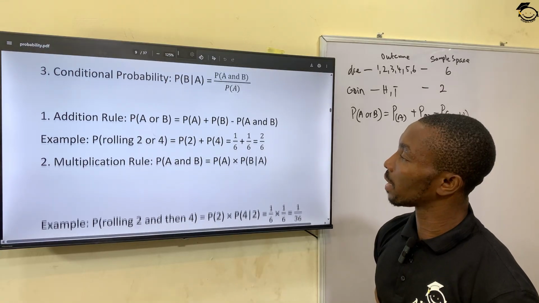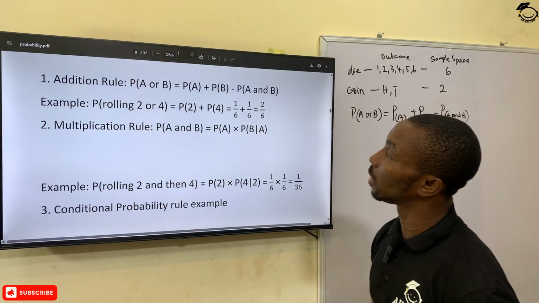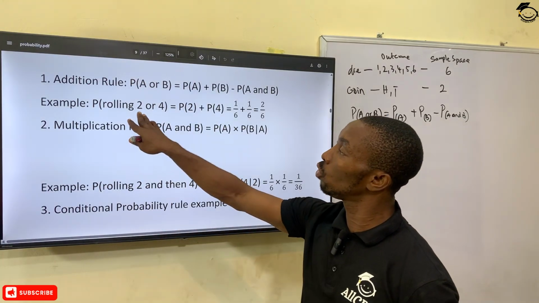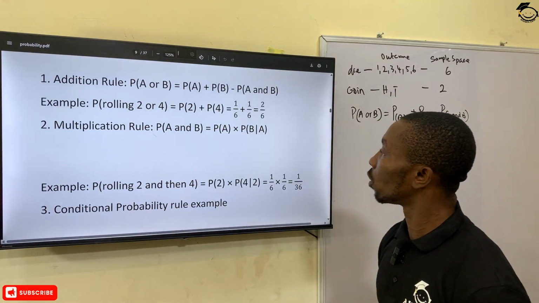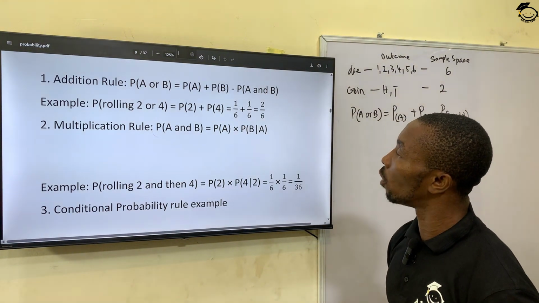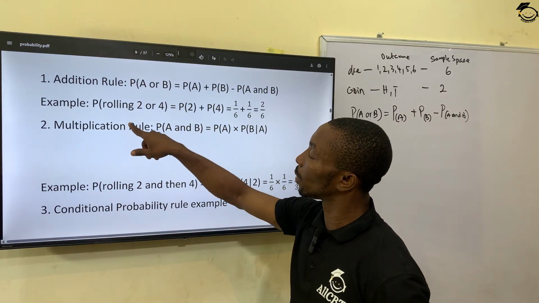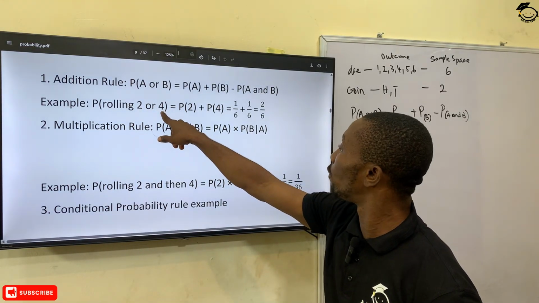Now, example on addition rule, we have it as the probability of rolling a 2 or a 4. The probability of rolling a 2 or a 4 would be the probability of rolling a 2 plus the probability of rolling a 4.